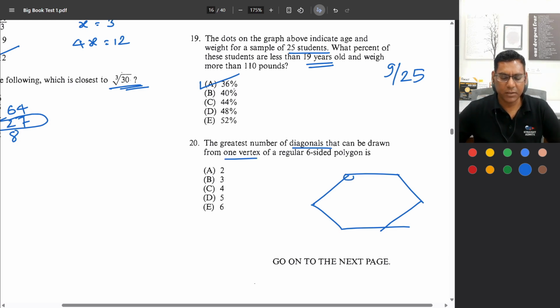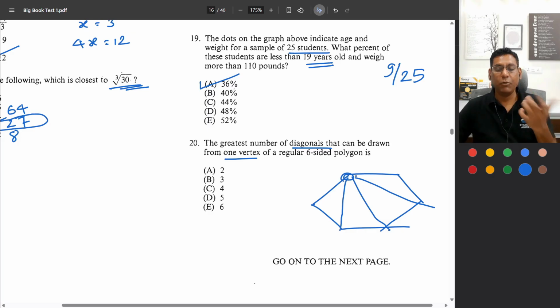Let's say this vertex. How many diagonals can I draw? 1, 2, 3, right? These two are not diagonals. From one vertex, I can draw how many lines? 5 lines because it's a hexagon, right? But how many of those are diagonals? 2 of them will be sides. So the diagonals are only 3. The greatest number is going to be 3.